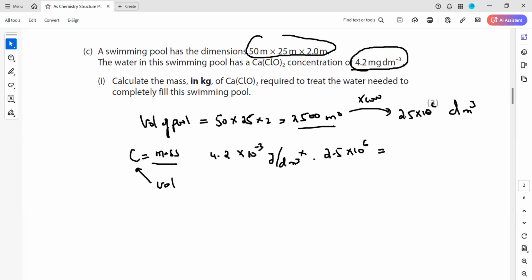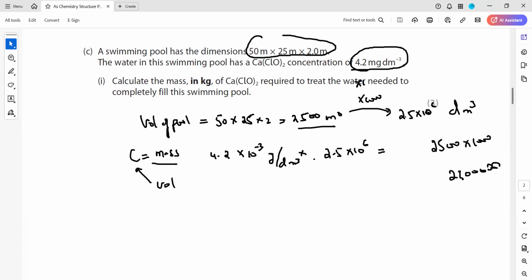No, it's because I multiplied this by 1000. Look, 2500, I just multiply by 1000 to convert the meter cube into decimeter cube. Meter to decimeter, multiply by 10, but it's a cube, so I multiply by 10 cubed, which is 1000. So when I multiply 2500 with 1000, this will become 2, 5, and then six zeros.